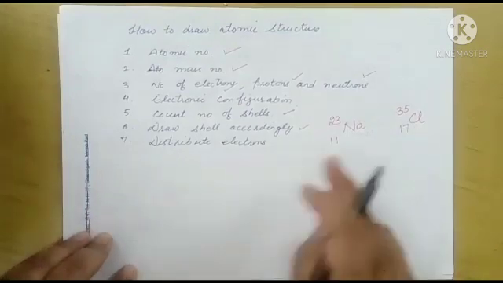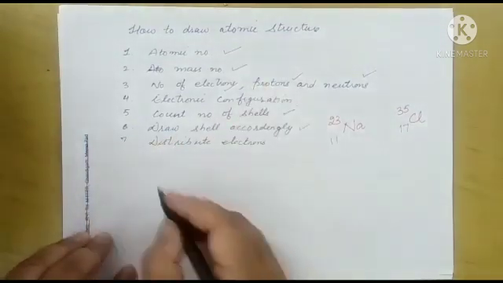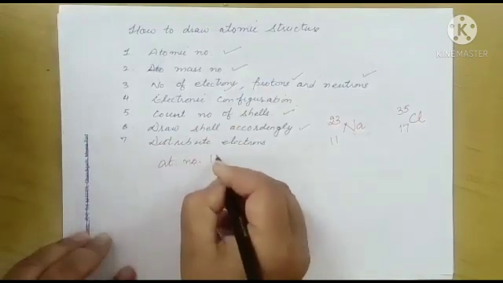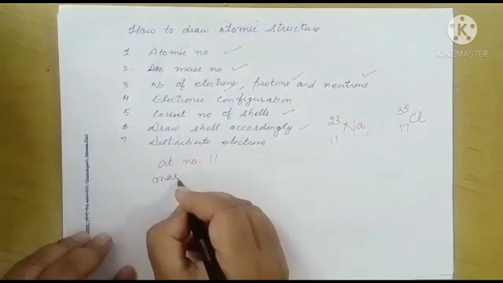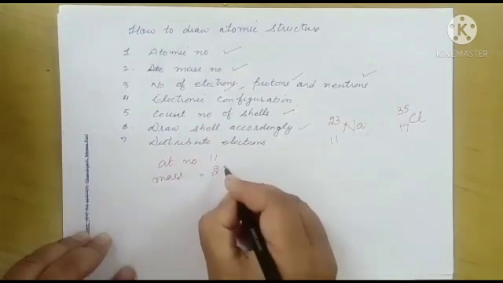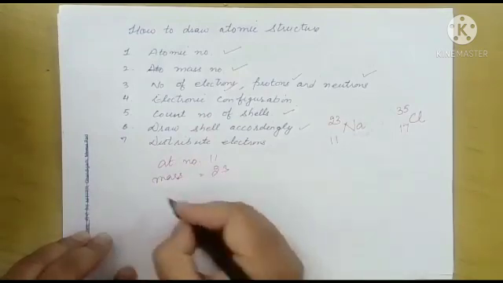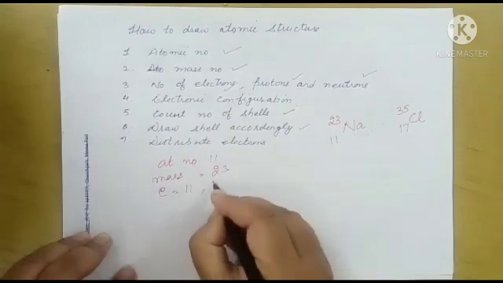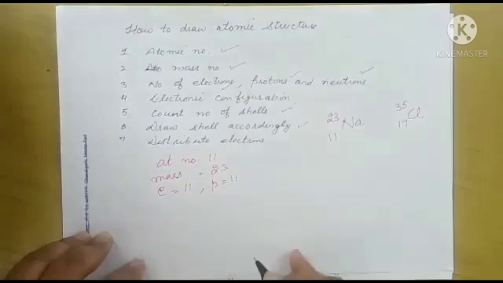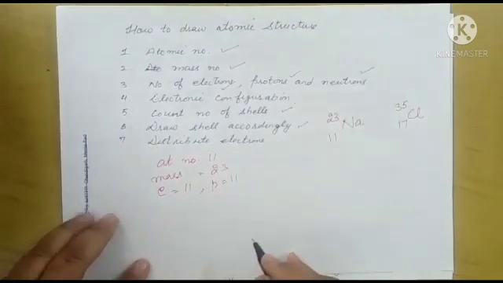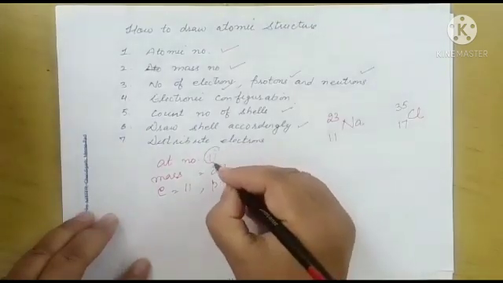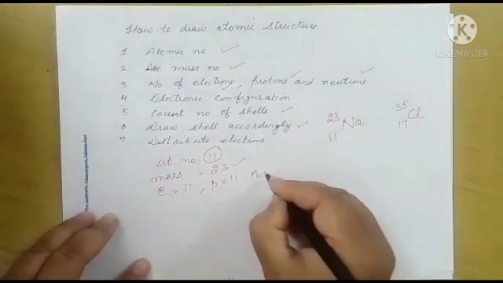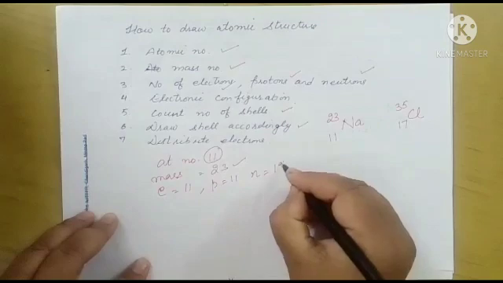So first of all, let me write for sodium: atomic number 11, mass number 23, electrons 11, protons 11. How to find the number of neutrons? By subtracting the atomic number from the mass number. So in case of sodium, the number of neutrons is 12.